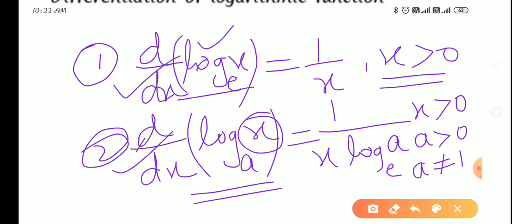So if a natural logarithm is given, then its differentiation is directly 1 upon x, and if a general log is given, then 1 upon x log a to the base e.